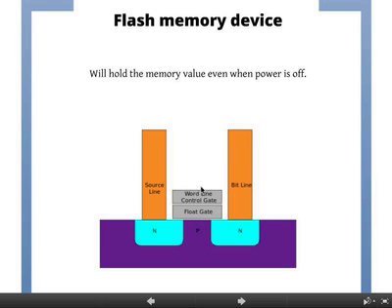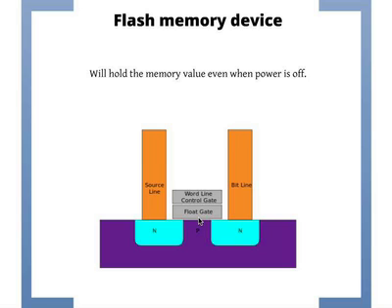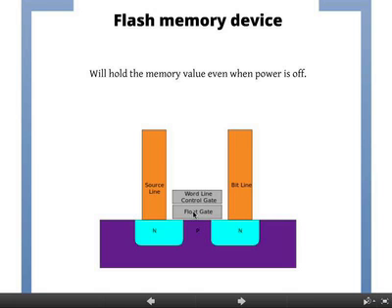Okay? What happens essentially is that you use this control gate to impart charges by tunneling into the floating gate. And the floating gate essentially almost acts like a capacitor which holds the charge. You charge the floating gate. Okay, which means because it's separated by an insulator, it can hold the charge even if the power is turned off. Okay, so if you have a positive charge here, is the transistor on or off?